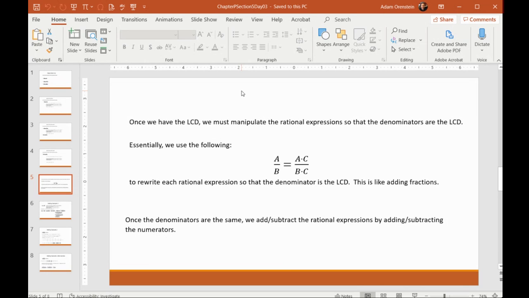It's just like with rational numbers: we want to manipulate them so they have the same denominator.